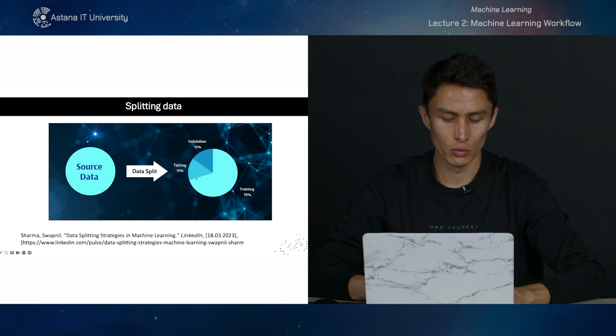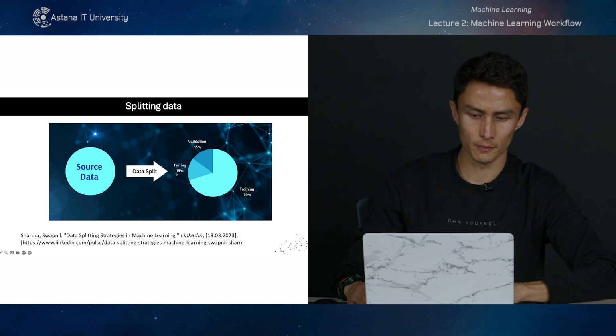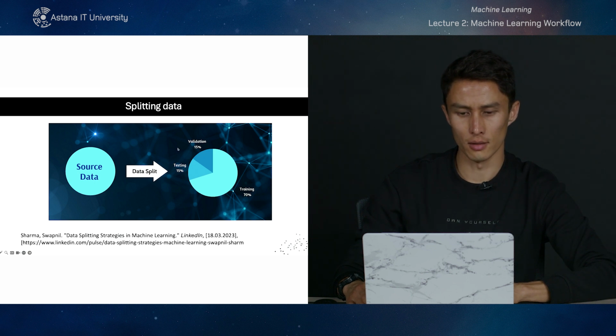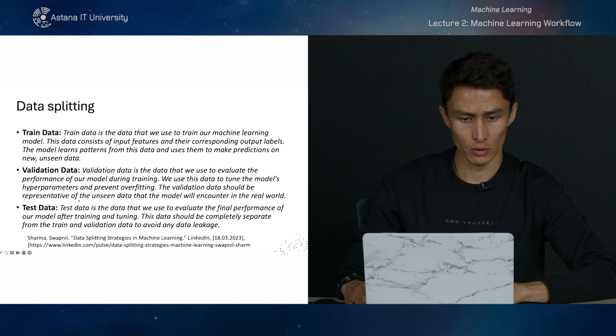That's why we always need to check performance using the testing dataset. So this is the general splitting of our data: we have training, validation, and the test dataset.